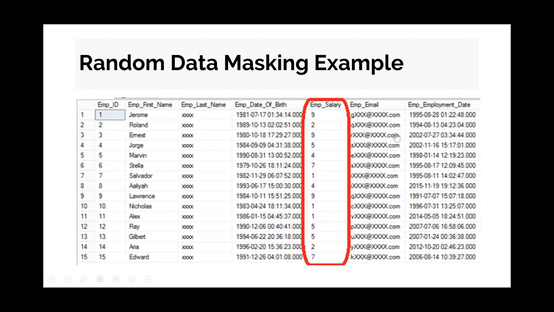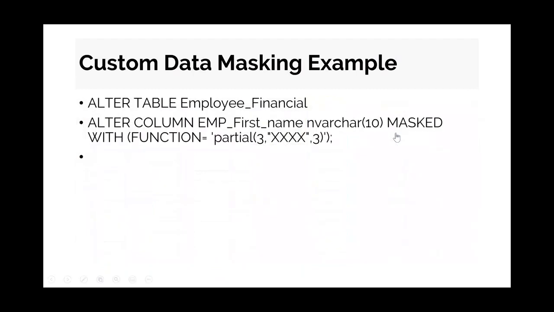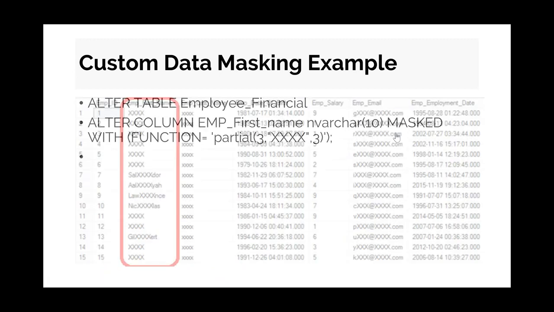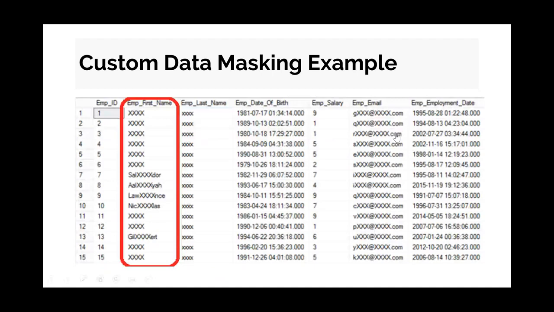Let's take a look at a custom data masking example. We're going to use a custom function on the first name, and we're going to only show partial. We're going to add some XXX values. So we're going to show partial 3 characters. And as you can see, if an employee's first name was 4 characters or less, it's showing 4 X's.